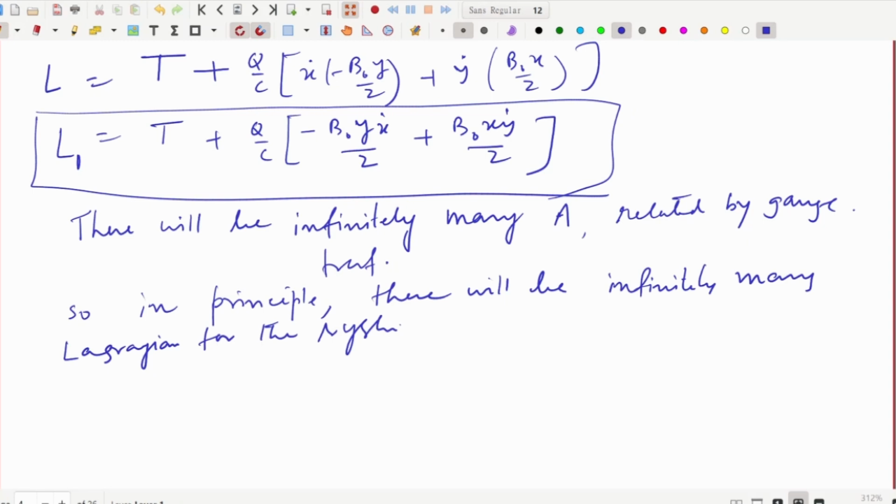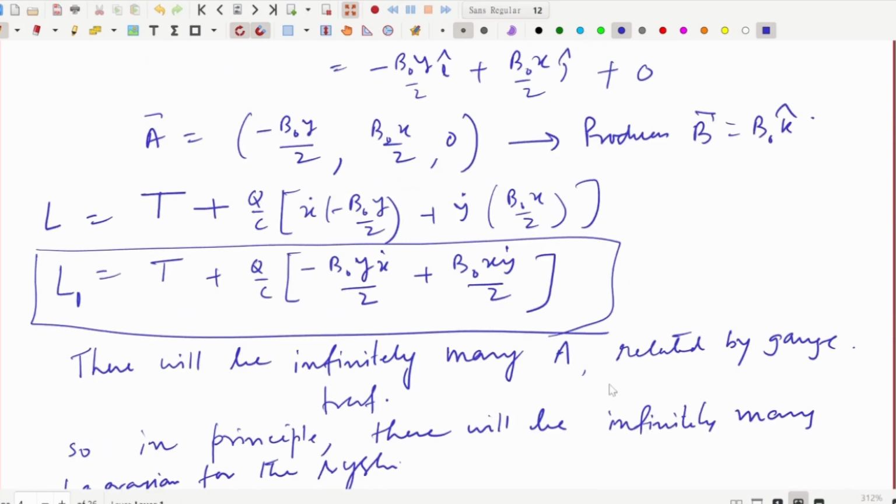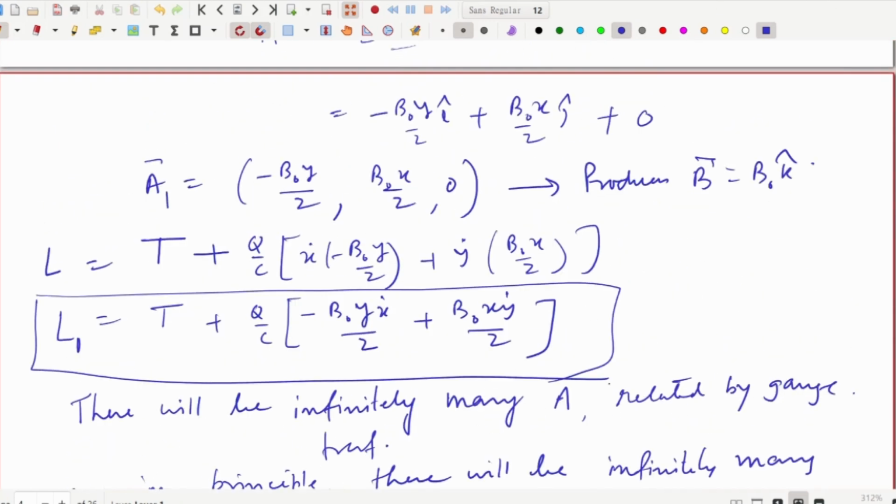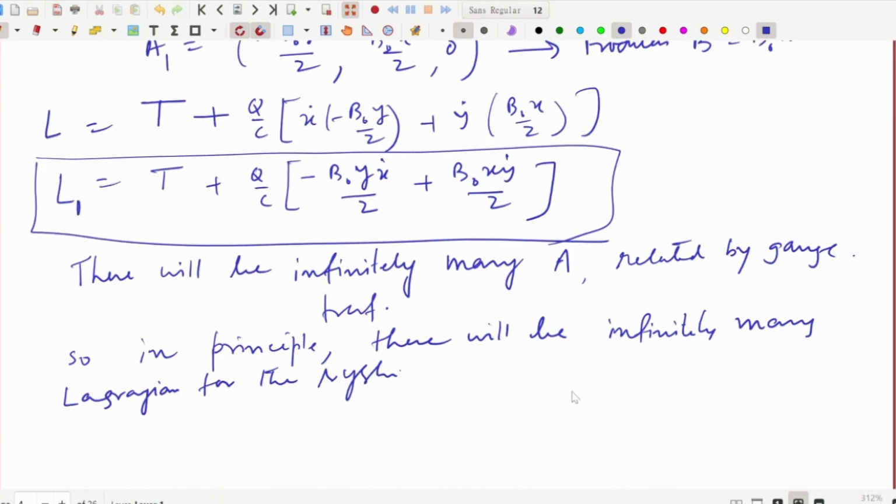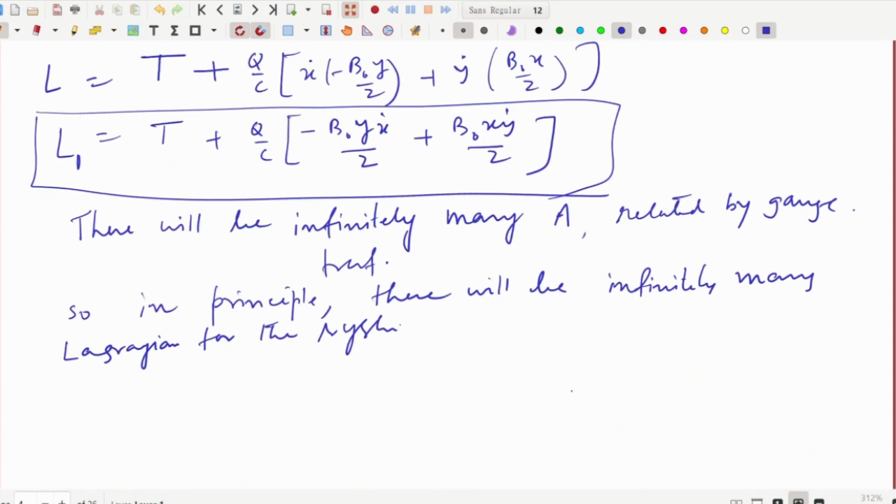So, let us write this as A1. When we find another A2 which is related to A1 by gauge transformation, we will find L2. When we find A3, another potential, we will find L3.